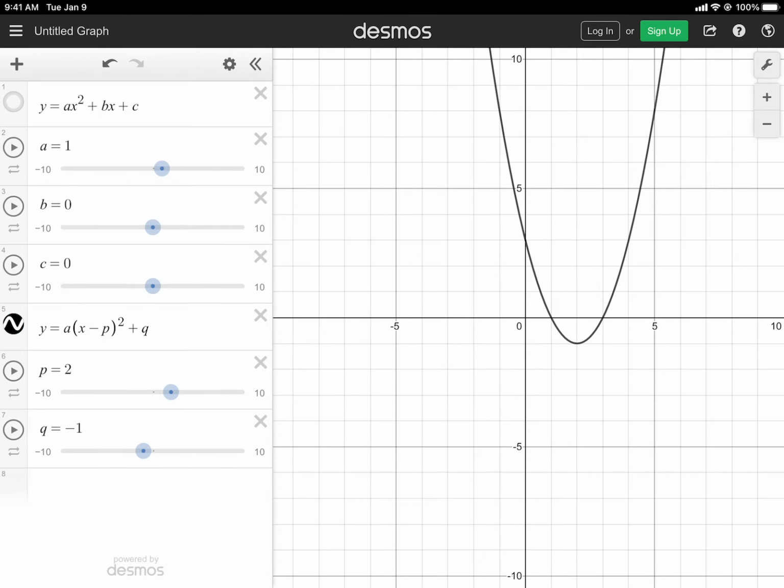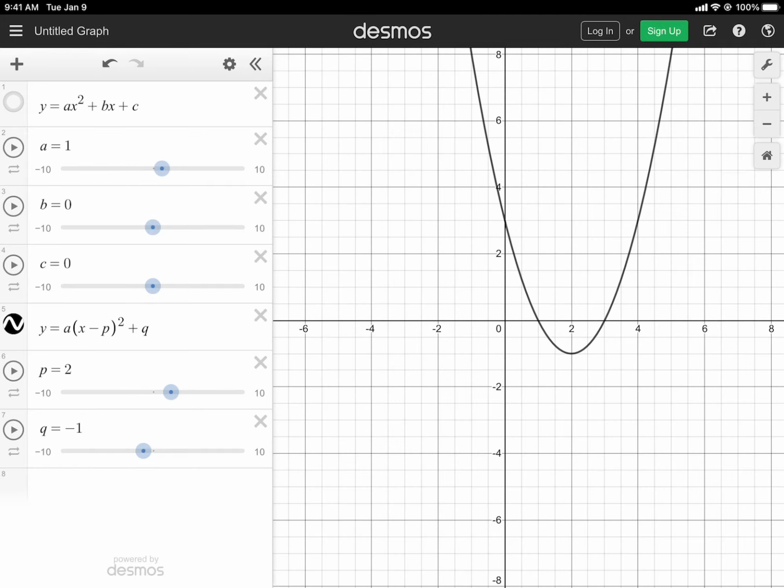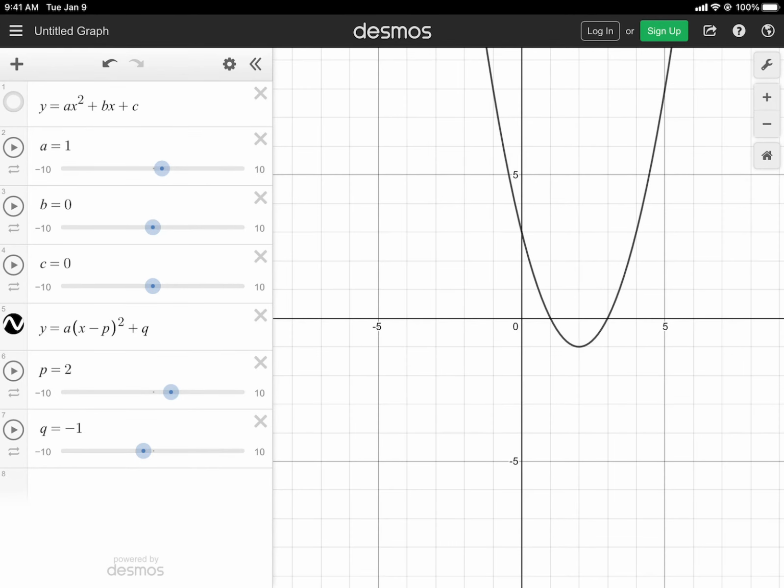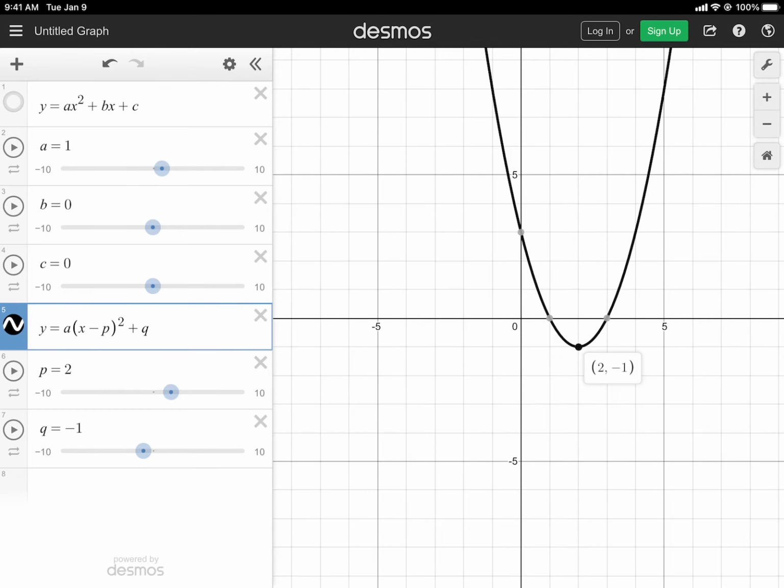All right, you can see our graph right now follows that same general pattern where we've got over 1 and up 1, we've got over 2 and up 4, all from our vertex. So we've got this point right here, which is 2, -1. We go over 1 and up 1 to get to this point, which is 3 and 0, over 2 and up 4 to get this point up here, and so on and so forth.